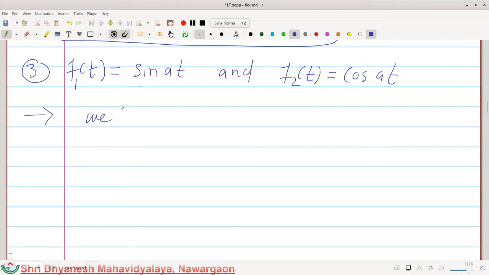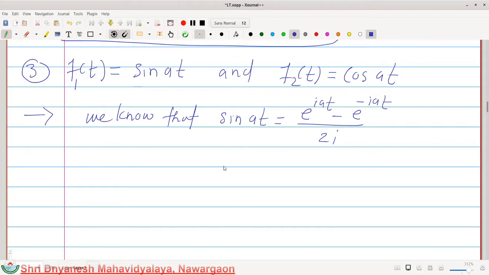So we know that, what formula am I speaking about? Sin at equals e to the power iat minus e to the power minus iat upon 2i.